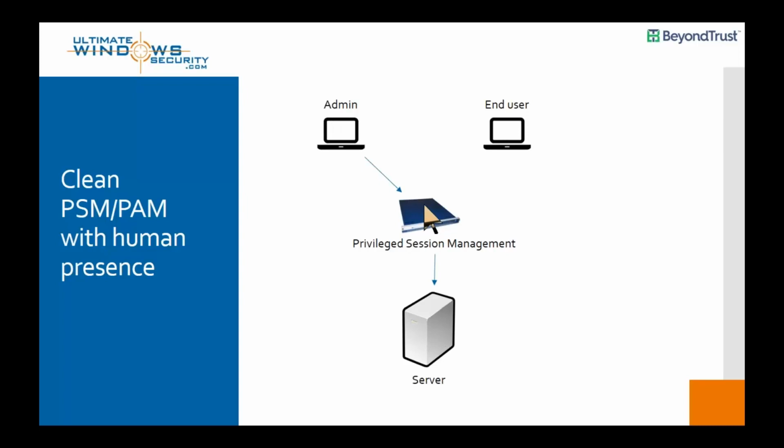Then indicate the server that he wants to access and the account with which he wants to access that server, and thus get a remote session, whether it's remote desktop or secure shell, down here to the server. Now, are we talking about making the admin go to a portal and enter all of this in and completely change the way he normally works? With some PAM solutions, PSM solutions, that is what happens.